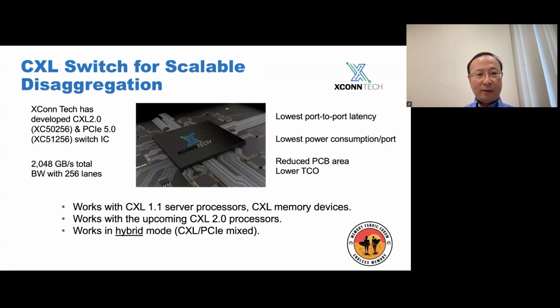The switch has a total of 256 lanes, which we can bifurcate to by 16 or by 8. The chip was initially designed to address this memory wall issue, so we put a lot of work into optimizing the port-to-port latency and the power consumption to make sure it's a competitive product.